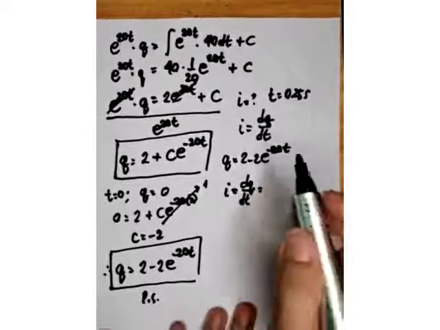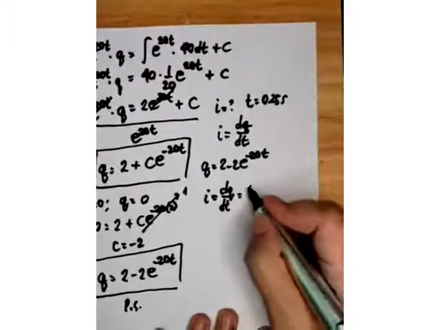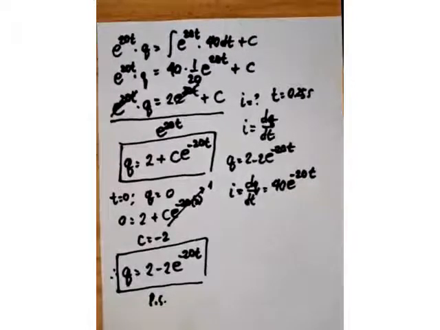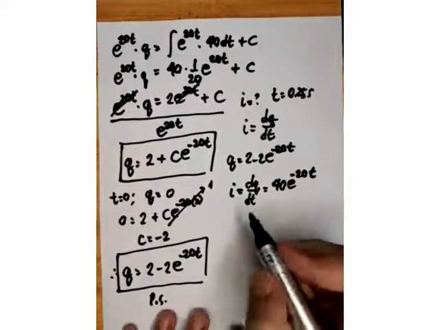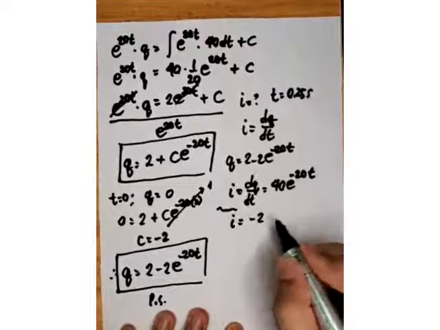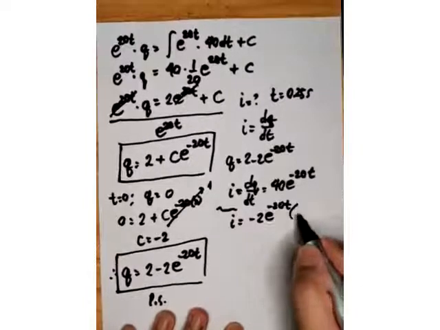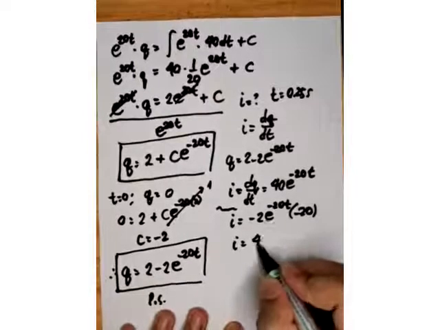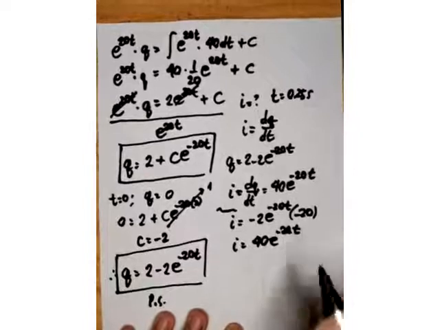So that's equal to, this is 0, so ibababa natin yon, magiging 40e raised to negative 20t. Tama ba ako ng pag-derive? So I is equal to negative 2e raised to negative 20t times negative 20. So I is equal to 40e raised to negative 20t.